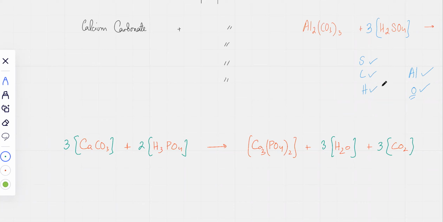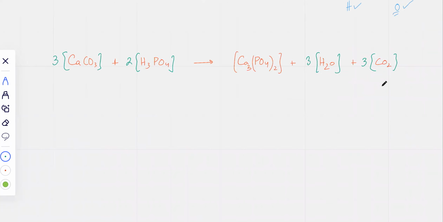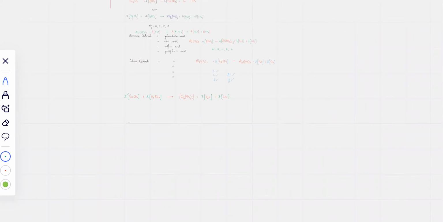So I'm just going to revise all the reactions that we have done so far. Starting with the first one, let me draw the margin, just a second.